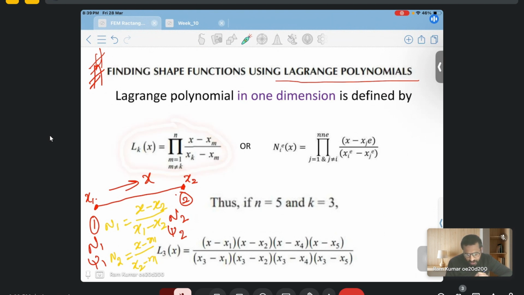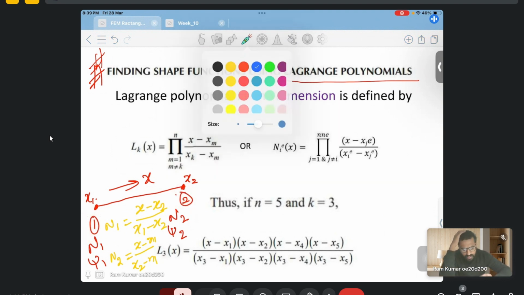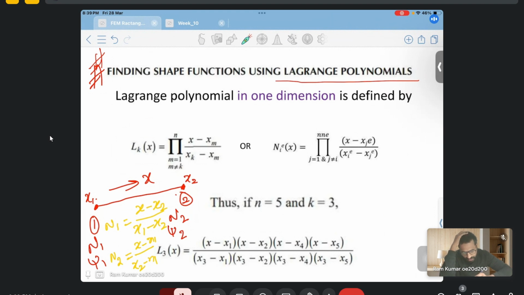For example, we have one element with node 1 and node 2, this is the x1 coordinate, this is the x2 coordinate, this is a length L, in the direction of x.